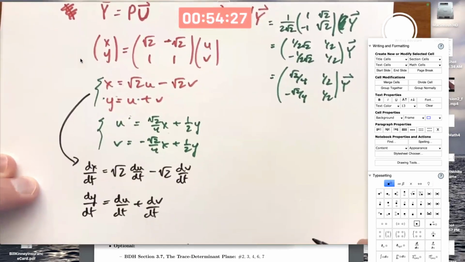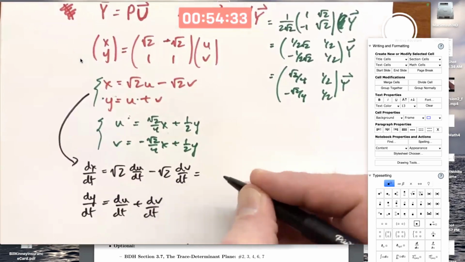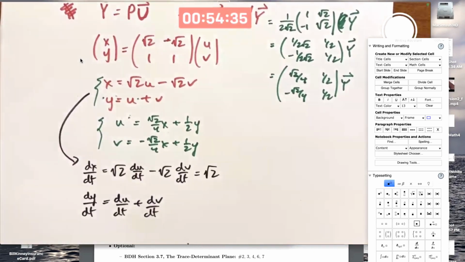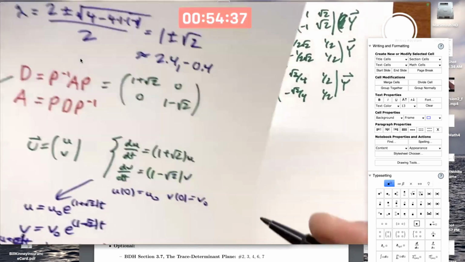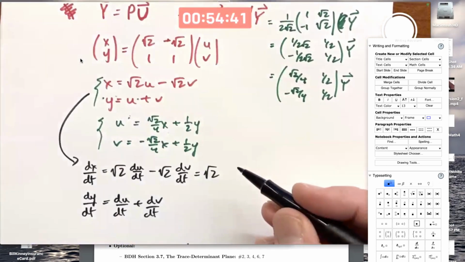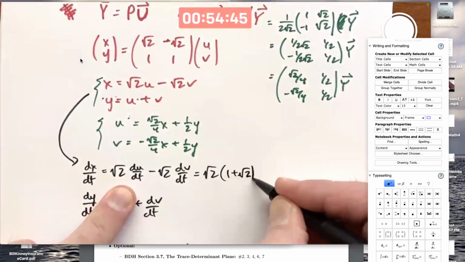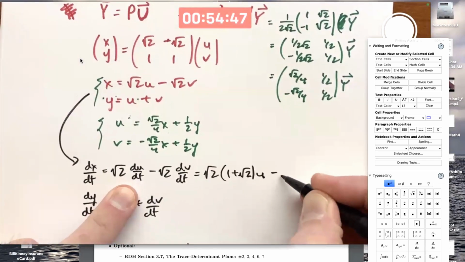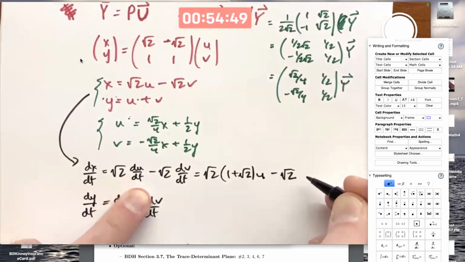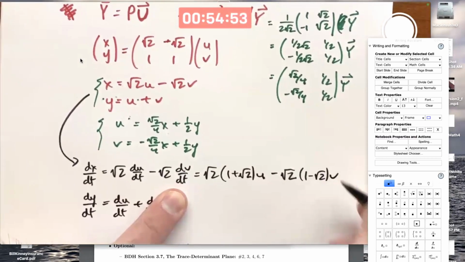Now go back to the equations for du/dt and dv/dt from the completely decoupled system, this one here. Replace du/dt with (1 plus root 2)u. Replace dv/dt with (1 minus root 2)v.